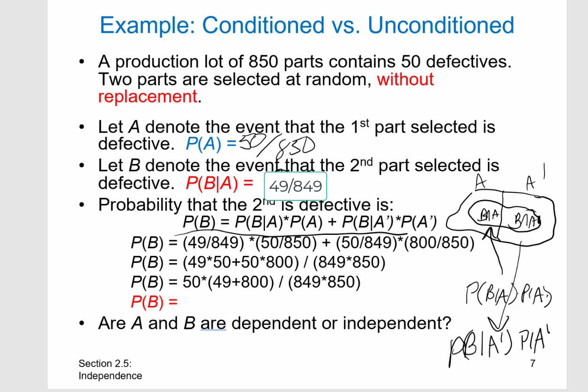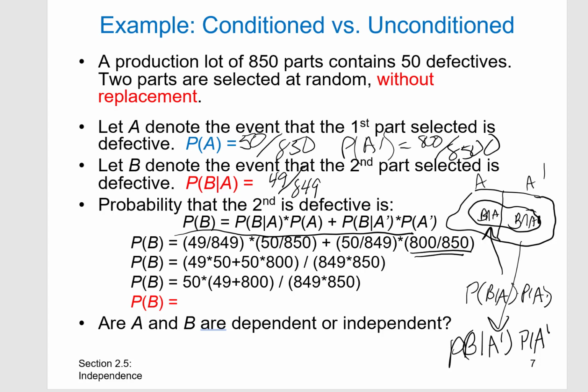Remember, that's how we got the law of total probability. So I put in my numbers. The probability of B given A, we just found out, 49 out of 849, times the probability of A, 50 out of 850. So what's the probability of A prime? It's going to be 800 out of 850.